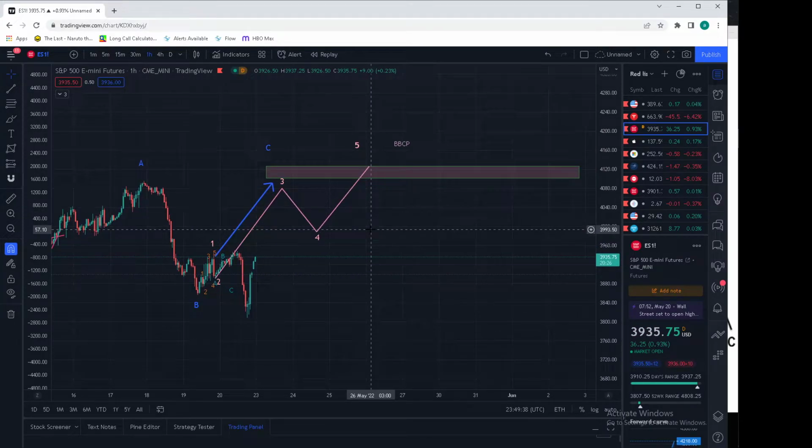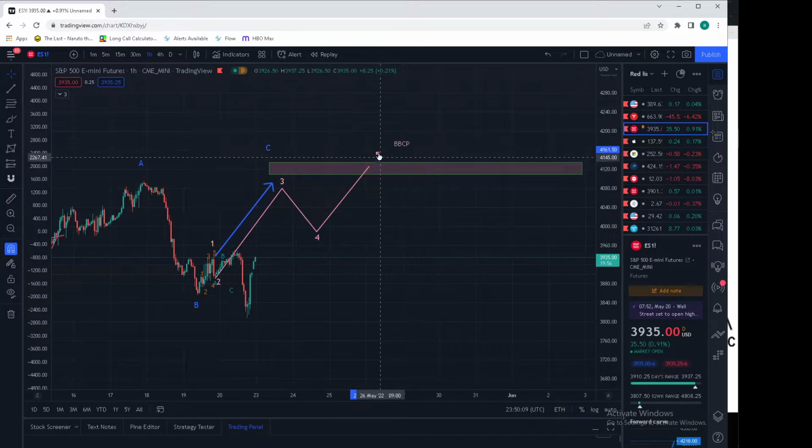The bullish and bearish converging point simply is where you have a bullish thesis and then you have a bearish thesis, and where those two theses merge is where you get your bullish bearish converging point. And generally those are pretty common of hitting, so I really love playing those levels.